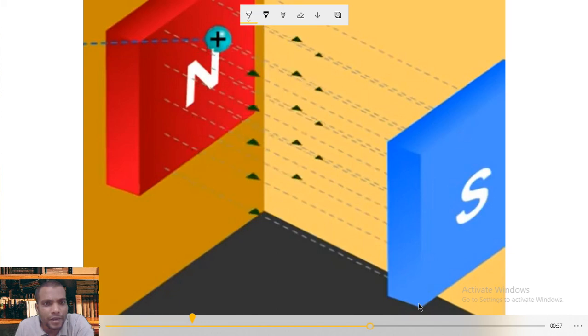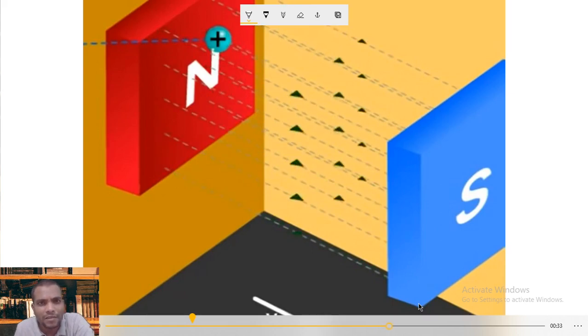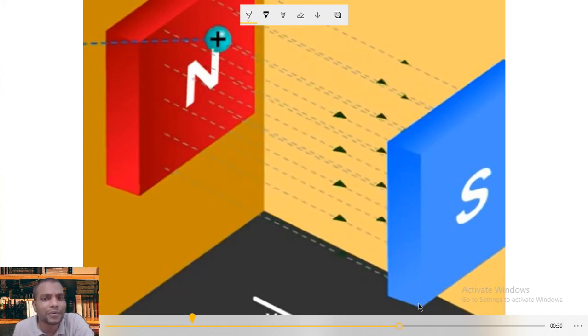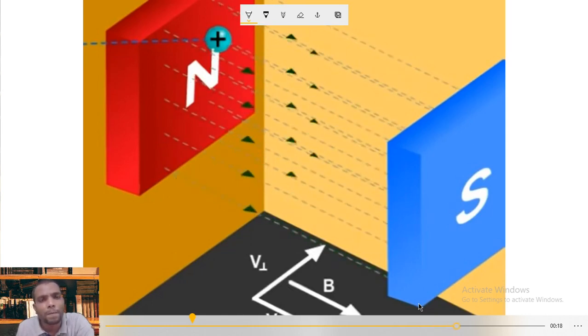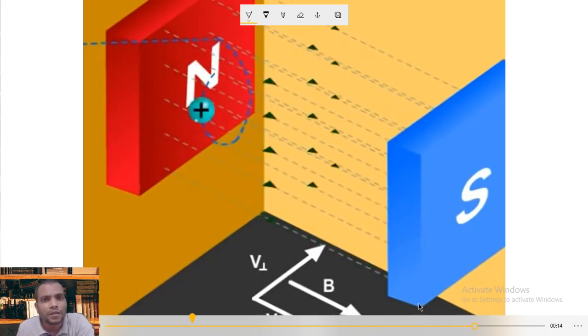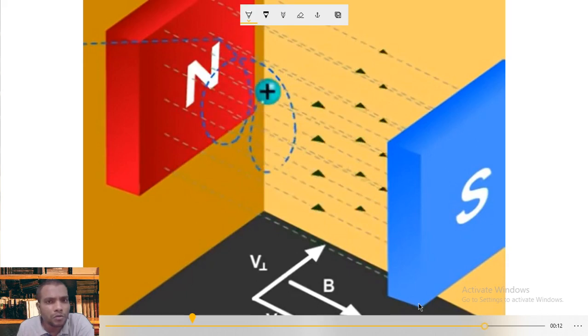What happens if you bring a positive charge? Yes, the positive charge also moves the same way, but this time the direction is different. When a positive charge enters a uniform magnetic field, its velocity component with respect to the magnetic field makes the charge move.